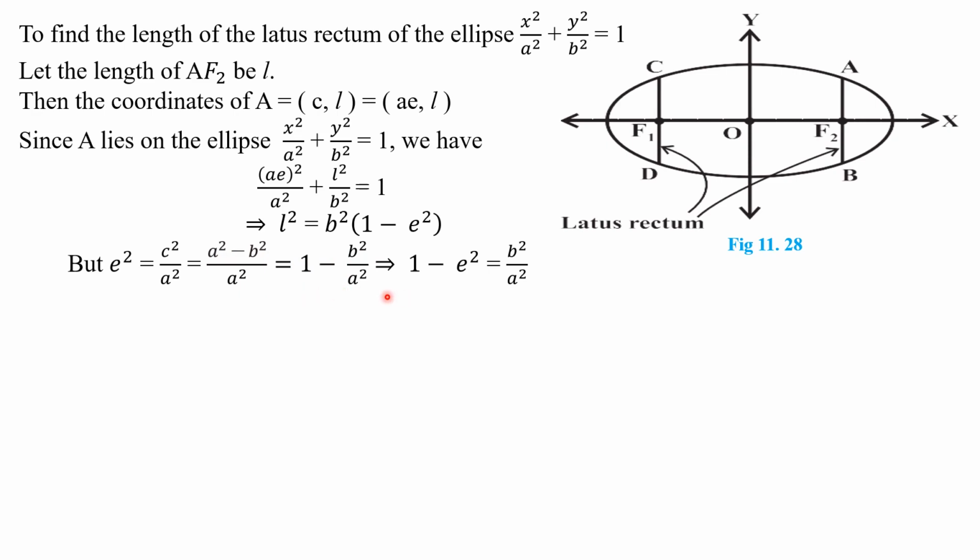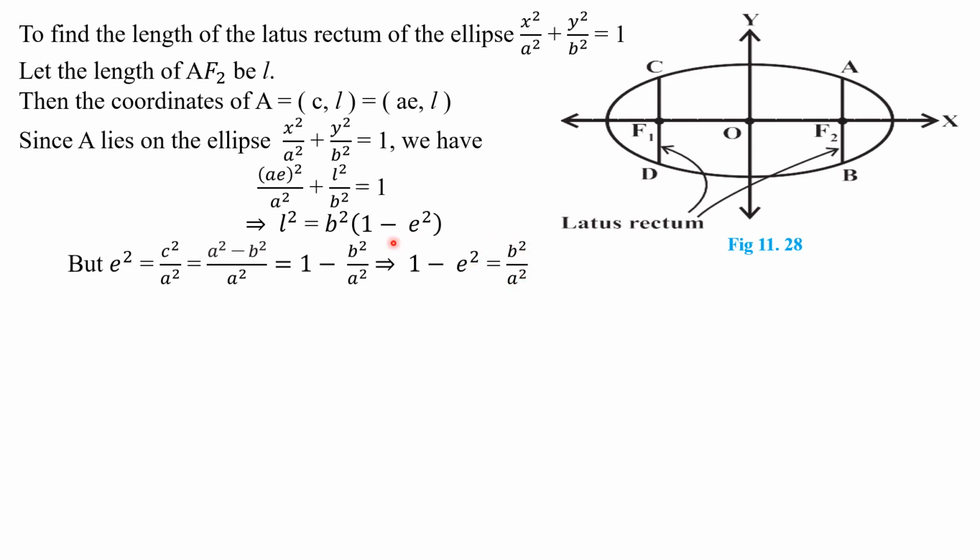This implies 1 minus e square is equal to b square by a square. So we got the value of 1 minus e square in terms of a and b.